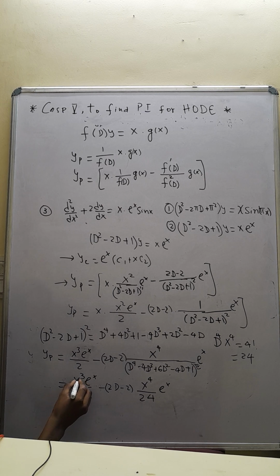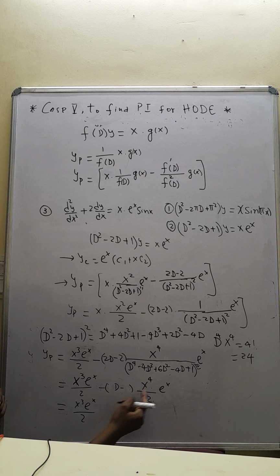Then again, you're going to have this one. So here, as you can see, you will apply the differentiation on this one and this one. Just differentiate them. So it is x raised to 3 Euler raised to x by 2. This applying this, and this applying this. This 2 and this 2 can be cancelled out. This will be 12.